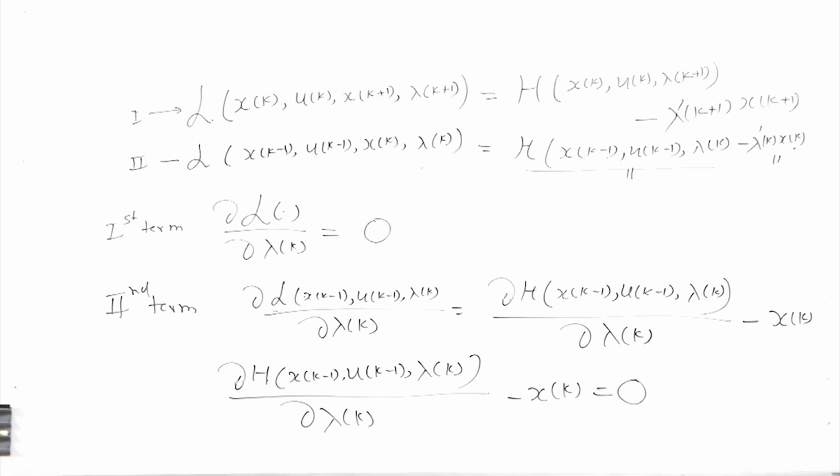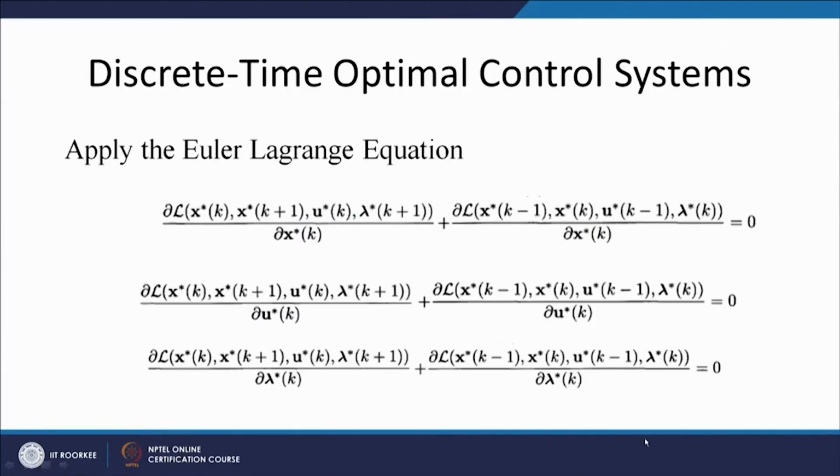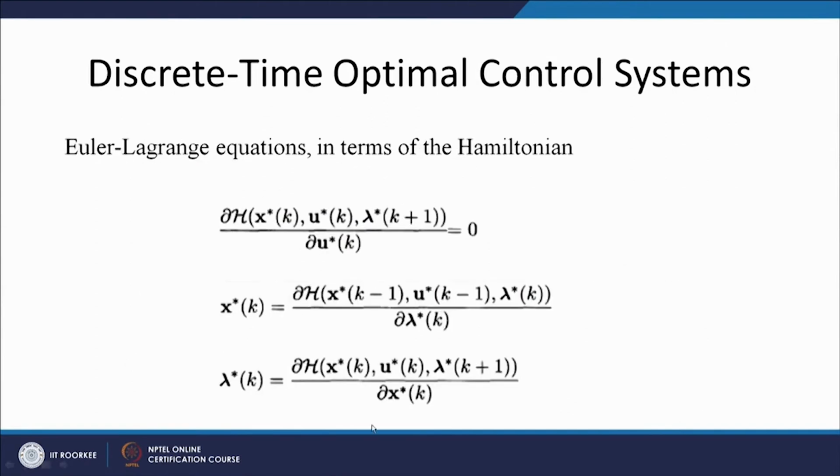From the third equation I get x star k equals del h of x star k minus 1, u star k minus 1, lambda k by lambda k. So this is my control in terms of the Hamiltonian, del h by del u equal to 0. x star k plus 1 equals del h by del lambda k, with x star k, u star k, lambda k plus 1.